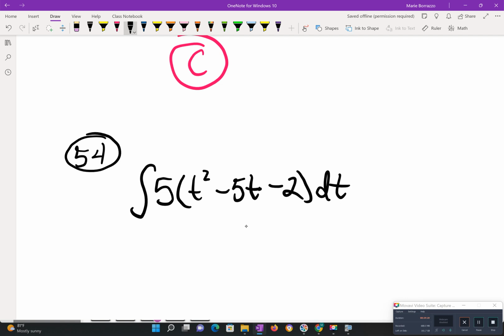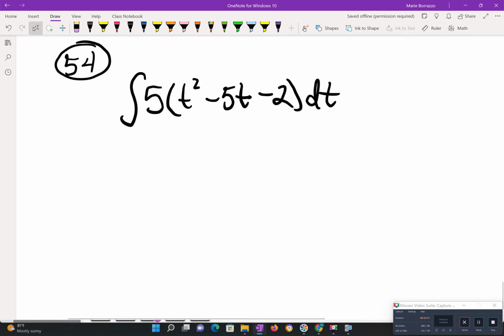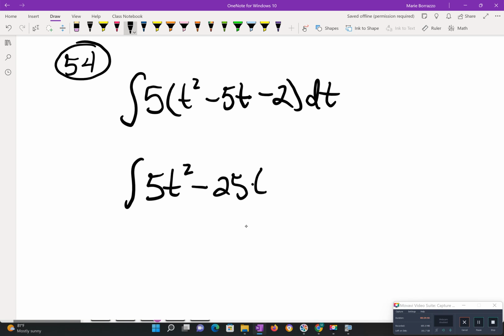Okay, so if we distribute the 5, you're going to end up with 5t squared minus 25t minus 10 dt, and then integrate, or add 1 to the exponent, divide by 2 plus 1.